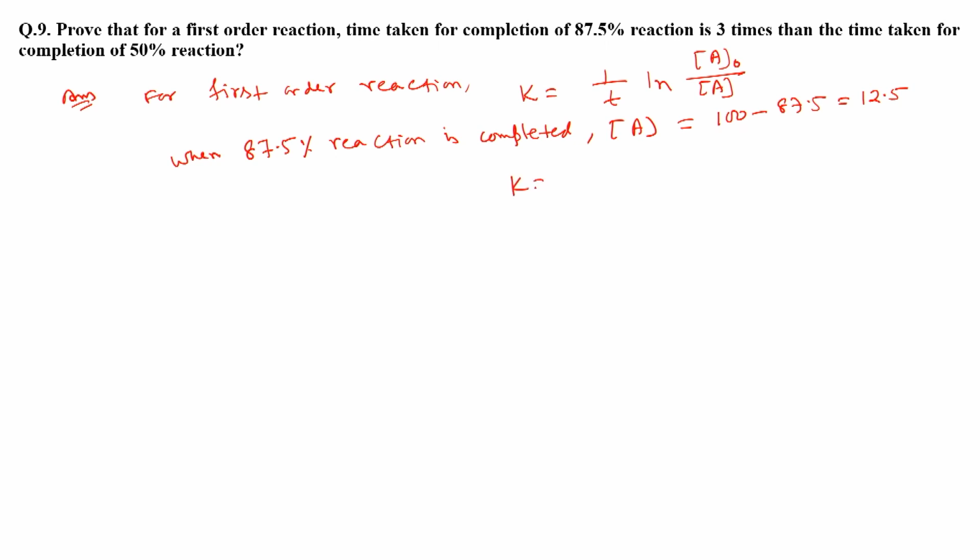So k is 1 by T. If we say T1, we are considering T1 as the time required for 87.5% completion of the reaction.